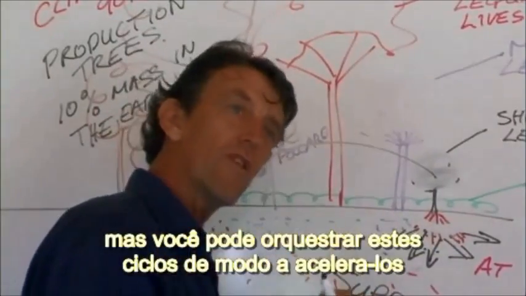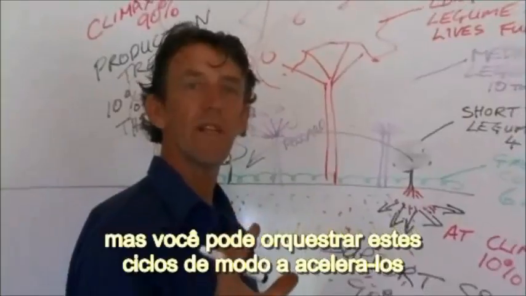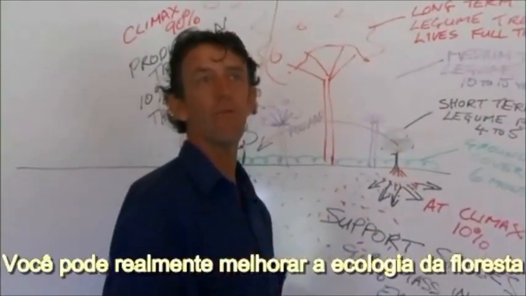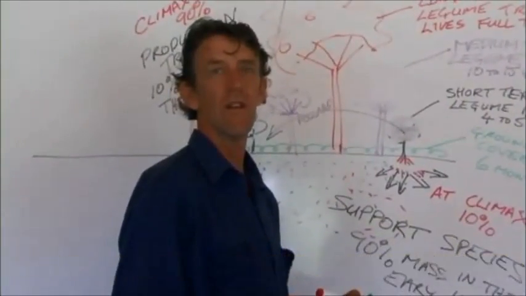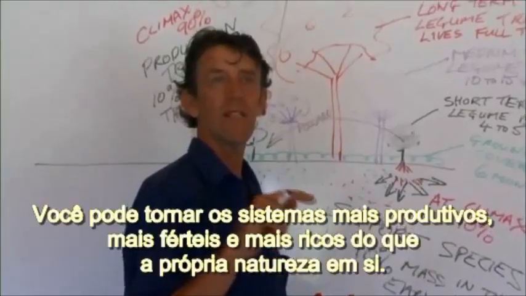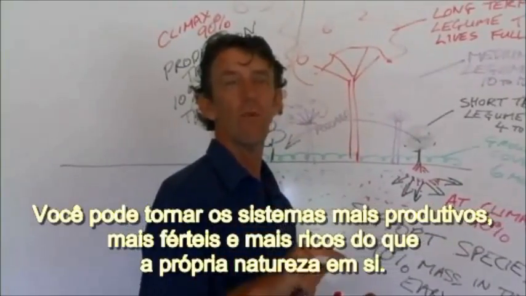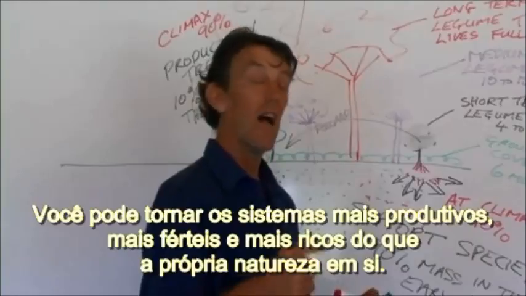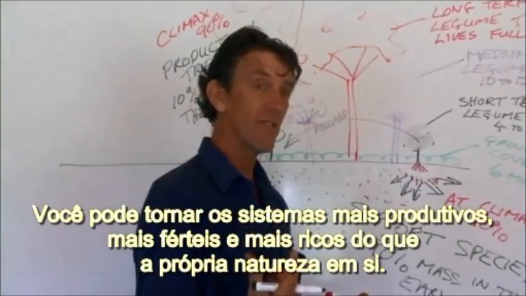But you can orchestrate those cycles so you can speed it up. You can actually improve forest ecology. You can make systems more productive, more fertile, and richer than nature itself.